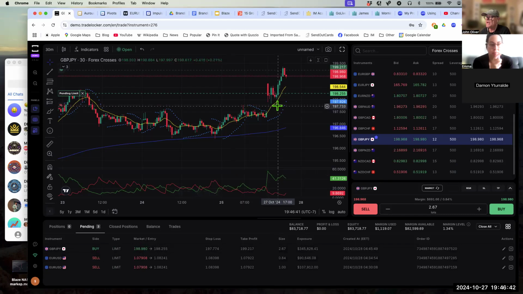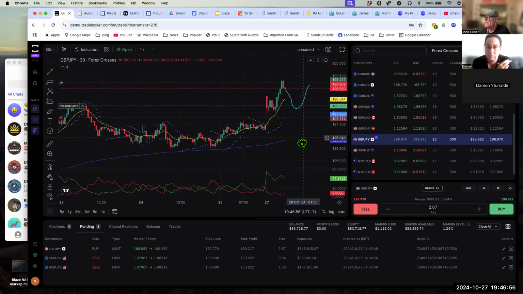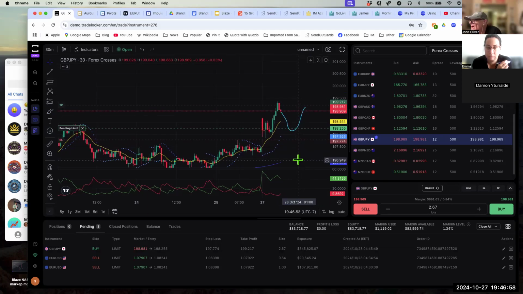But on a 30-minute, this only has to come down. Again, there's a good chance that this will come down here. I think there's a better chance on this and then shoot back up. I should have had this further down. But your TP is only there.